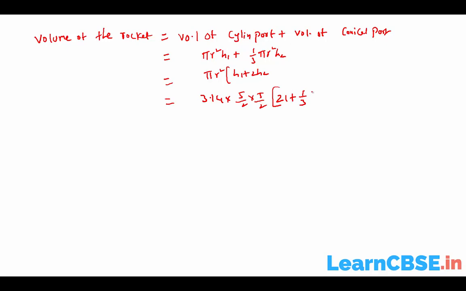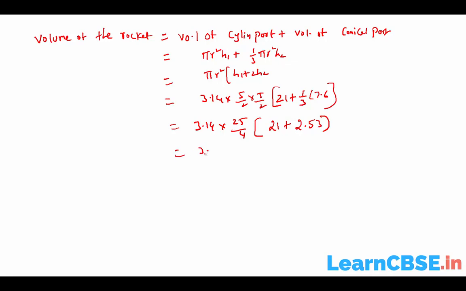H2 is nothing but 7.6. Then 3.14 into 25 by 4 into (21 plus 7.6 divided by 3, which is 2.533).